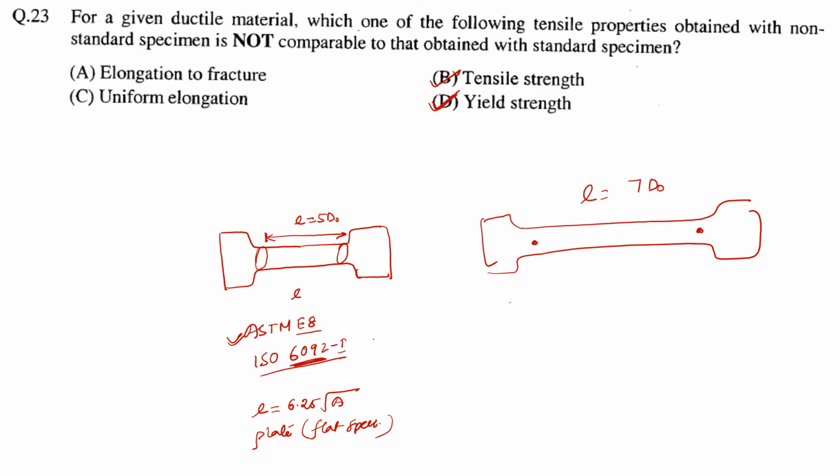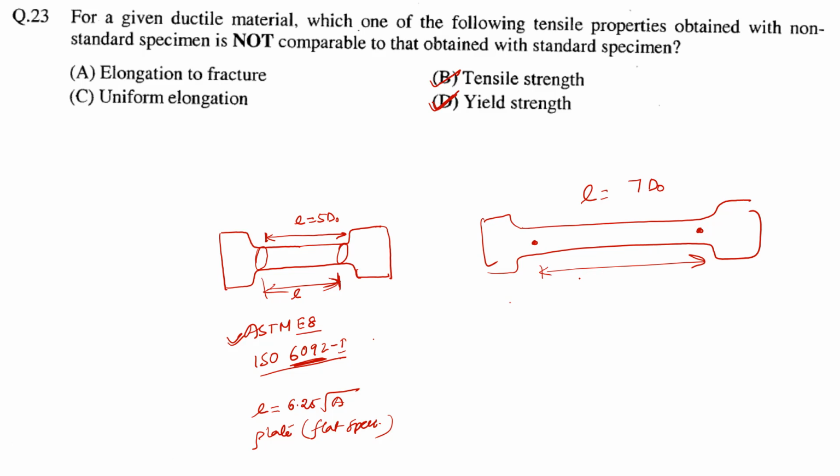But if you see the elongation to fracture, suppose this is a thin sample or a smaller gauge sample. Elongation to fracture means the total elongation before the fracture happens. This is one length and this is another length.